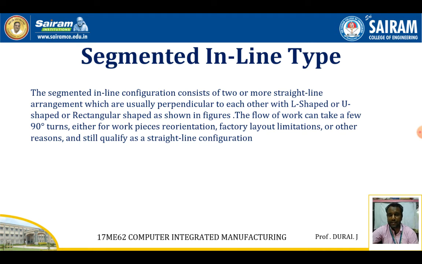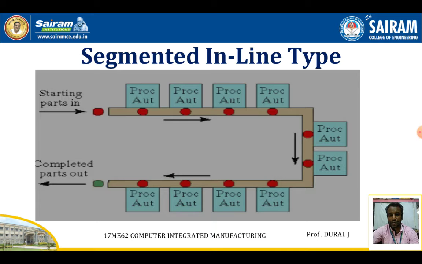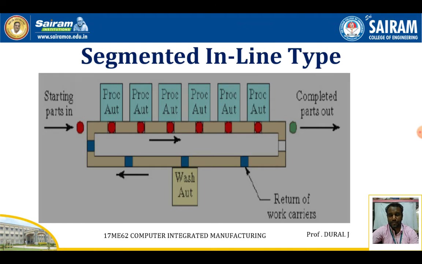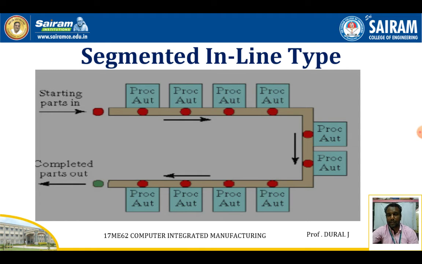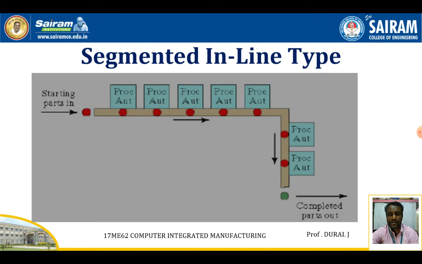In the segmented type there are three methods. One is the L shape, another is the U shape, and the third is the rectangular shape. So it comes to the L shape. Here the number of operations and number of machines connected to the flow line will be minimum compared to the inline method.